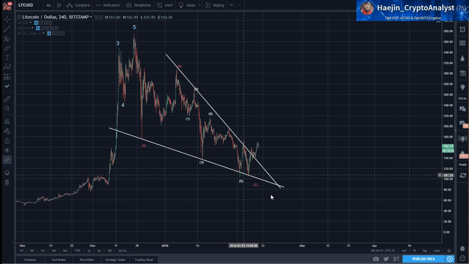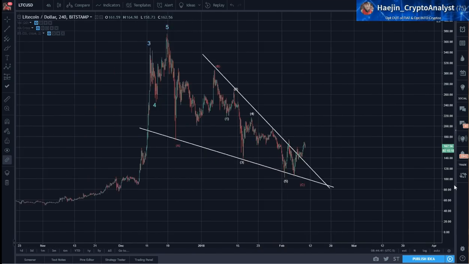And this generated what looks like 1 up, 2, and now it's on the way to 3. If you want to, that would be the bullish scenario count.